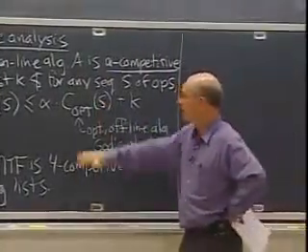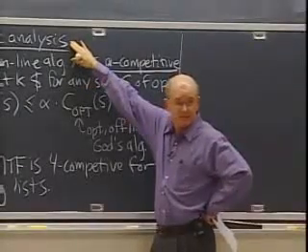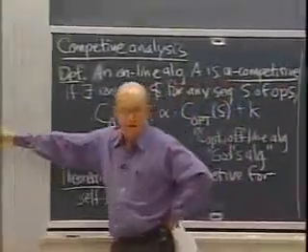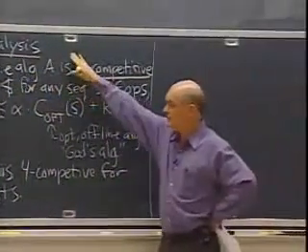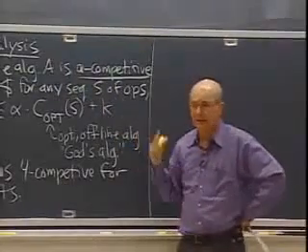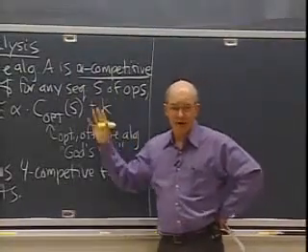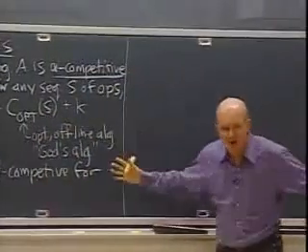Almost all online algorithms today are analyzed using some kind of competitive analysis. Okay, not always. Sometimes you do probabilistic analysis or whatever, but the dominant thing is to do competitive analysis, because then you don't have to make any statistical assumptions. Okay? Just prove that it works well no matter how. This is remarkable, I think. Isn't it remarkable?